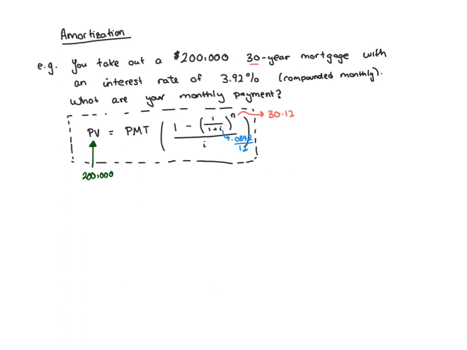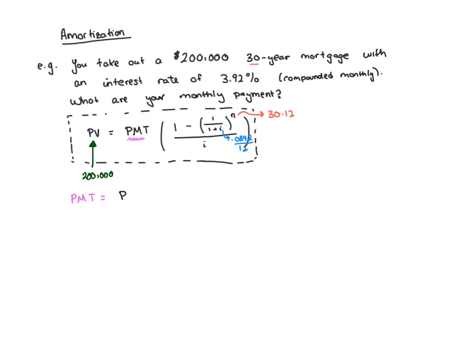So I can plug in all those values, and what I'm trying to do is figure out my monthly payments. So I'm trying to solve for that payment. Let's go ahead and solve for that payment first in general, so that we have our formula here, and then we'll plug in the values. So the payment is equal to, I just need to divide by that fraction, which is the same as multiplying by the reciprocal.